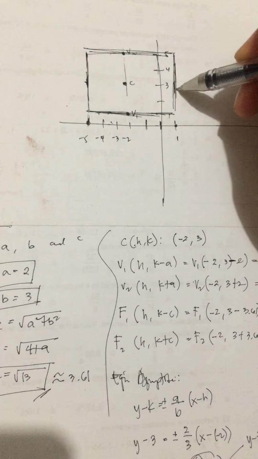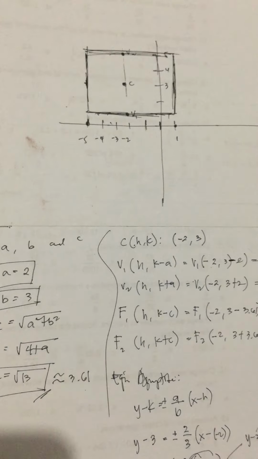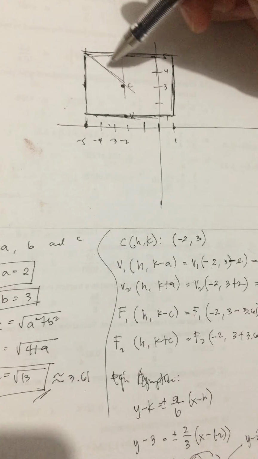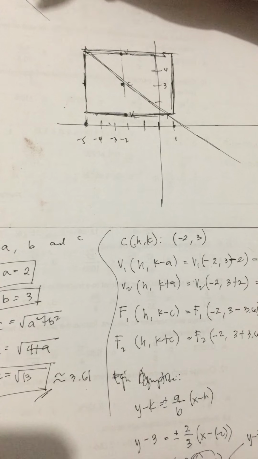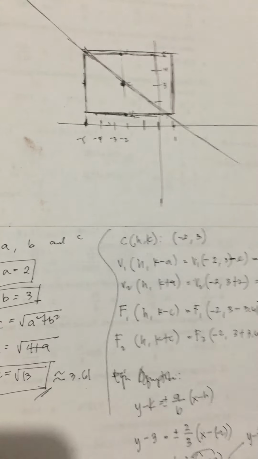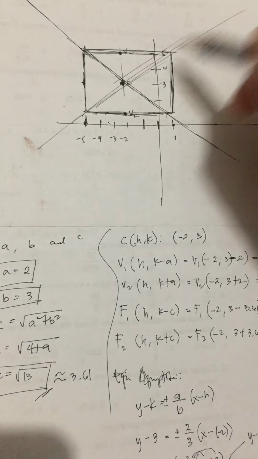O, ayan na yung ating rectangle. Okay, kita pa ba yung ating vertex? After nga, draw the diagonal. After drawing the diagonal, extend this one. Extend outside. So, assume na natamaan yung ating center, ha? Then, the same goes to the other side.